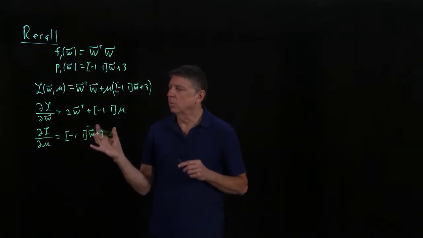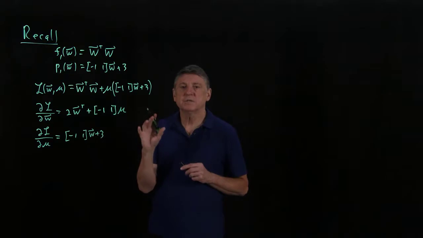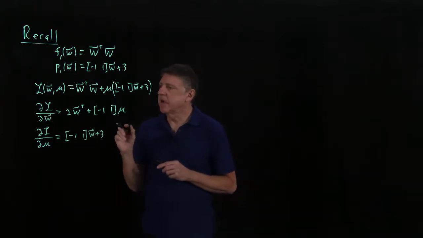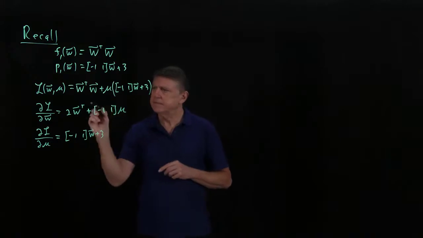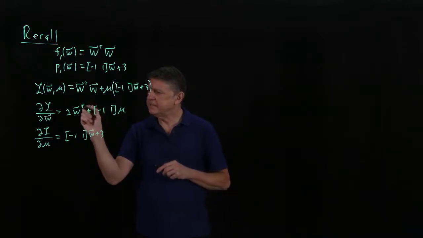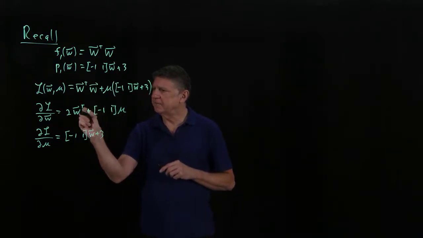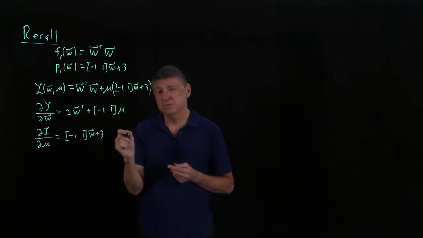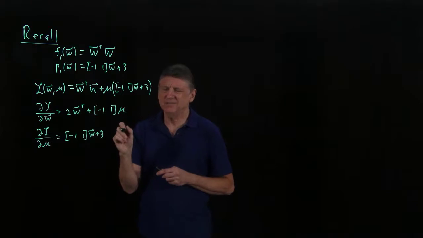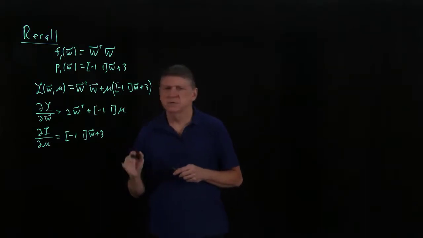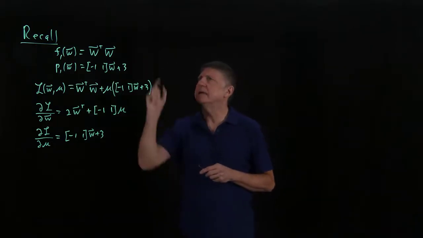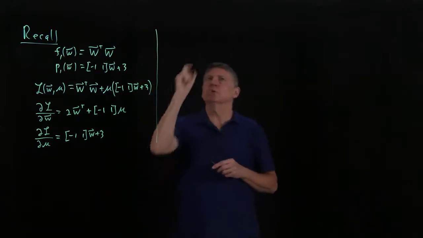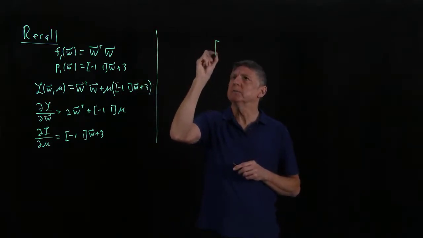Now, I want to set these equal to 0. I observe that here I have a W and a mu. Here I have a W and the mu is missing, but I could put that in. So let's try writing this as a matrix-vector equation.